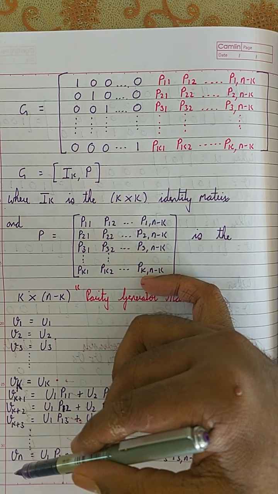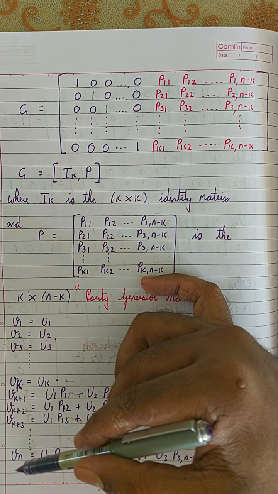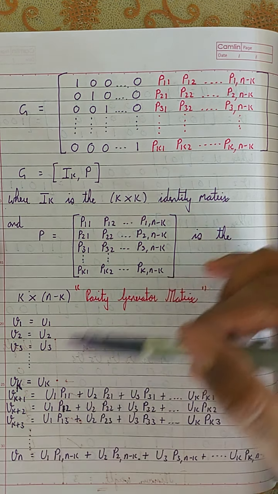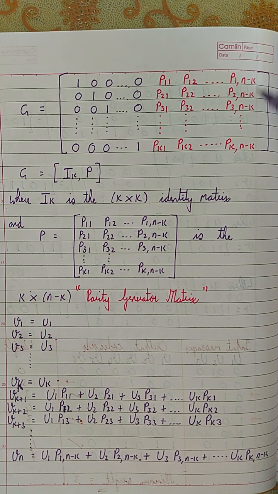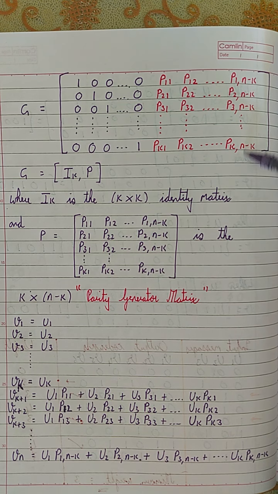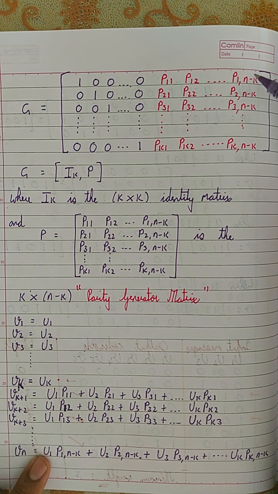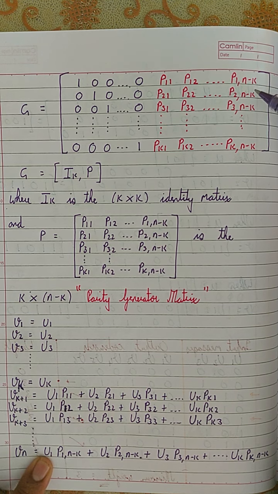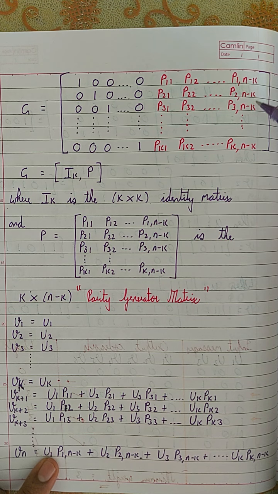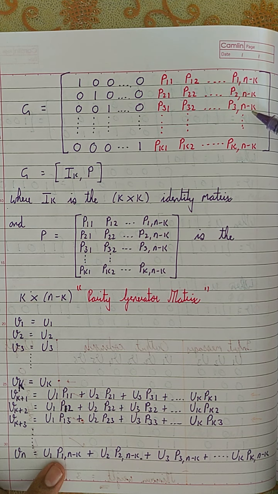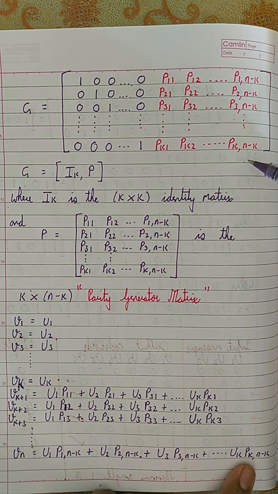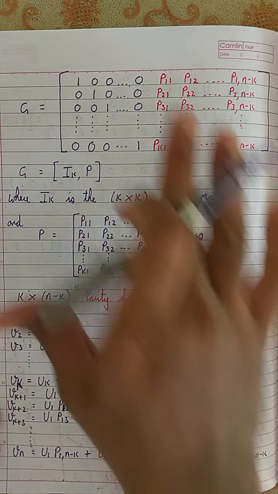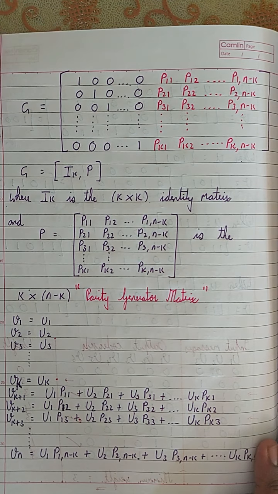For the last code bit, you find the equation by multiplying the message bits with the last column of the parity generator matrix, which is this column over here. So you get U1 P1(n-k) plus U2 P2(n-k) plus U3 P3(n-k), and it goes on up to Uk Pk(n-k). This is how we represent the systematic block code.